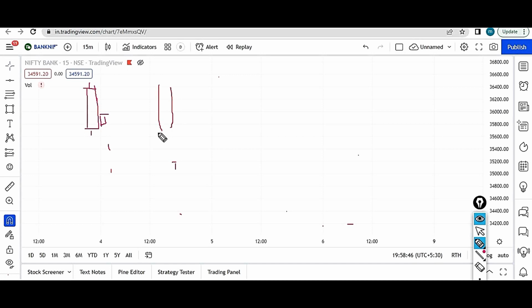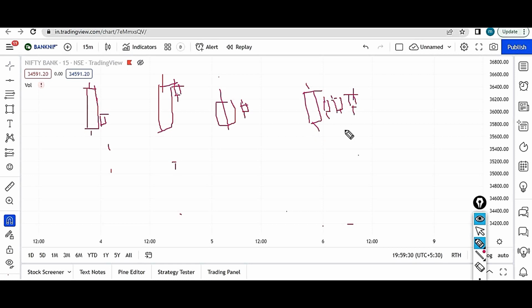It could be a little bit small and the next candle very small, like this, or sometimes it will be very big and 2-3 candles confined within the high and low of the master candle, like this.